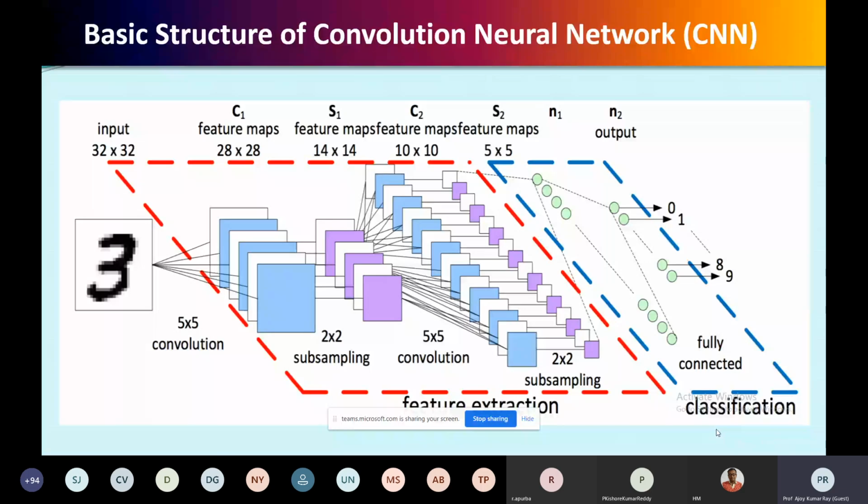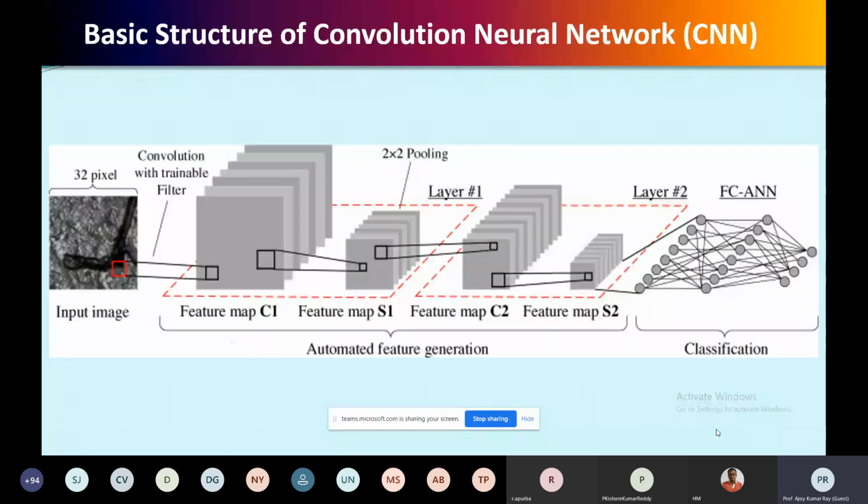As you can see, you can convolve with the trainable filters. Again, the max pooling: whatever I told earlier, the 2 by 2 subsampling, you take only the maximum value of the 2 by 2. This is known as max pooling.